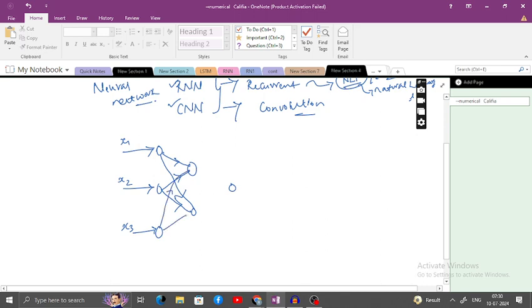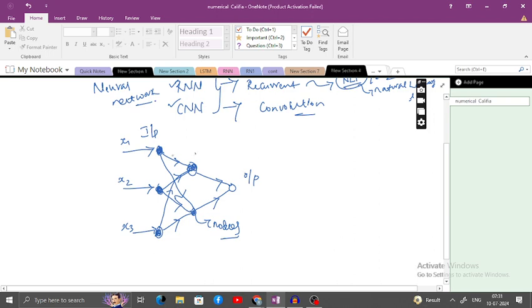So this is the input and this is the output, and the intermediate ones are called nodes, and this is the output.